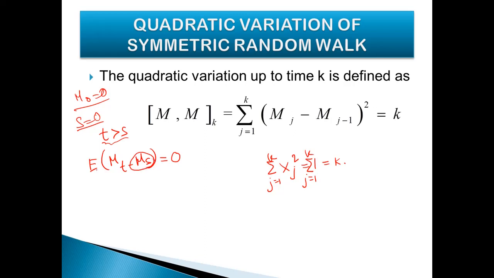So we get the expectation of M_t equals 0. Similarly, we have the variance of M_t minus M_s equals t minus s. If we take s equals 0, this one is 0 and nothing is there, so the variance of M_t is equal to t. So you see the variance of M_t equals t, and the quadratic variation of the symmetric random walk until time k is k. They are similar, they are the same value.